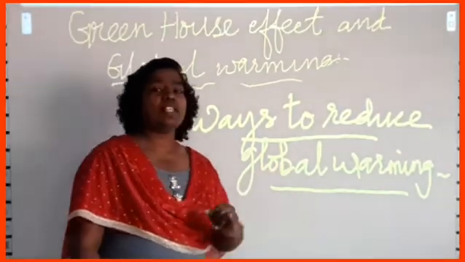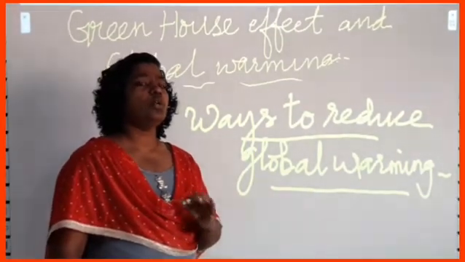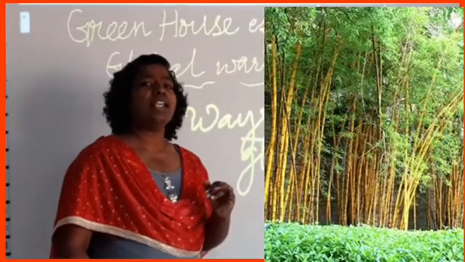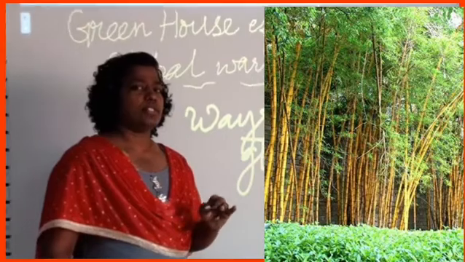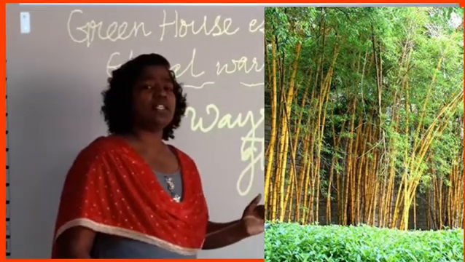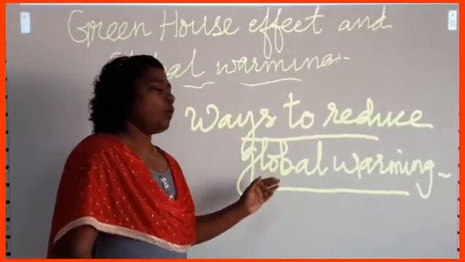And the second way is, when we construct buildings, we have to use bamboo, recycled metals and organic paints. When we use all these things for construction, it may control global warming.